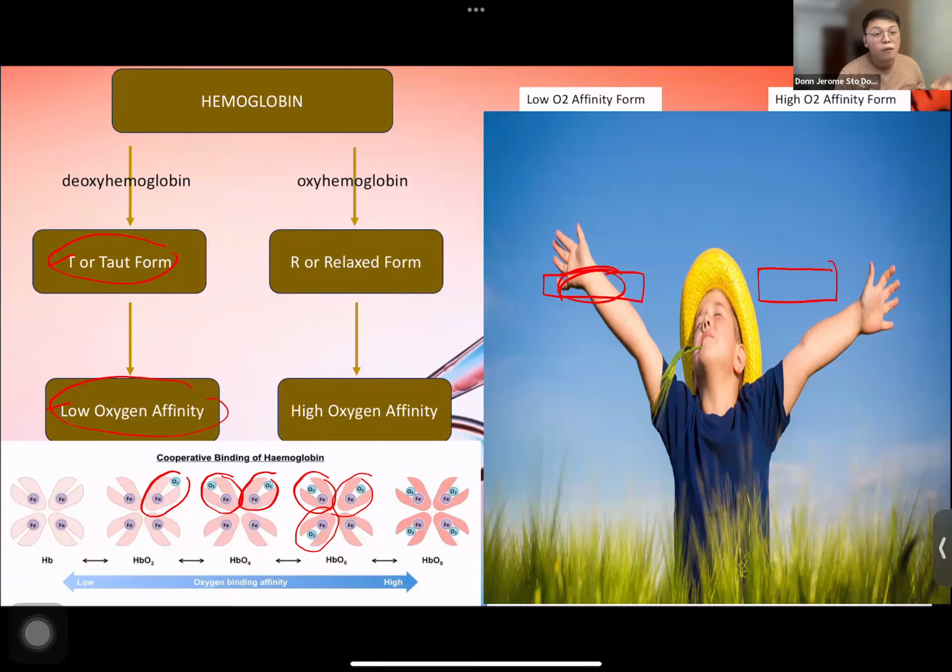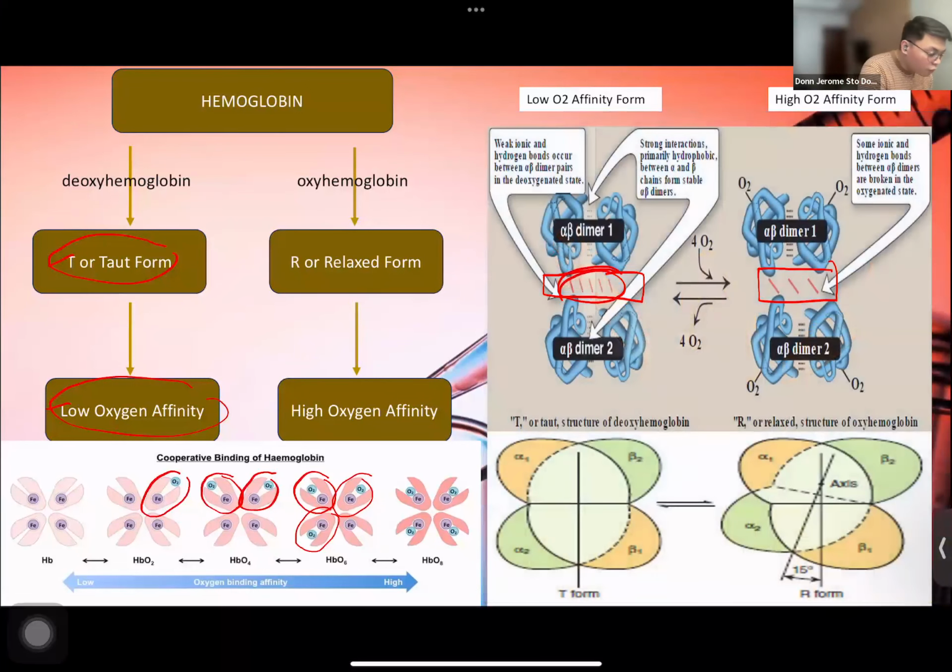So that binding of oxygen in your hemoglobin, disrupting those ionic or polar bonds or salt bridges, converts the hemoglobin from the taut or tense form or T form, the very rigid form, to your relaxed form or the high oxygen affinity form. Okay?